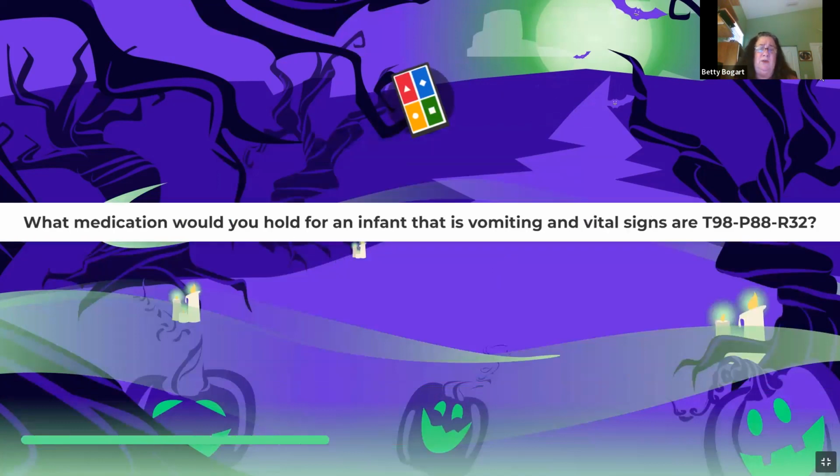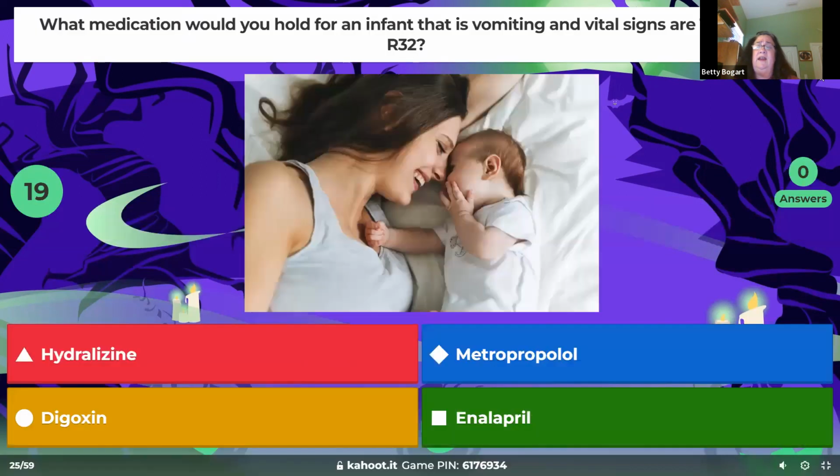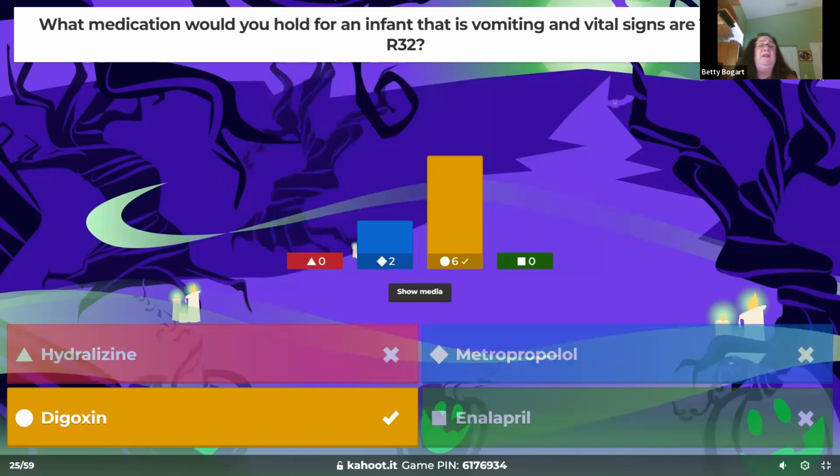What medication would you hold for an infant that's vomiting? Vital signs are 99, 88, 32. The only sign that you may see with an infant is the heart rate and vomiting.